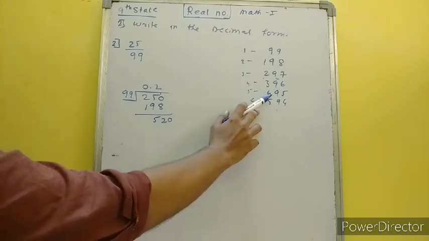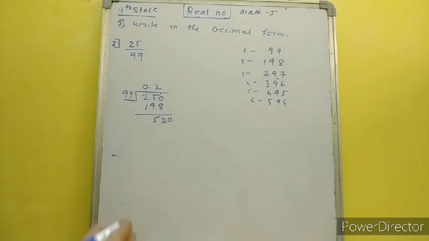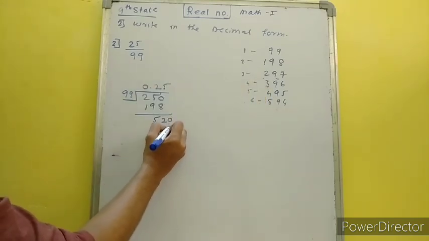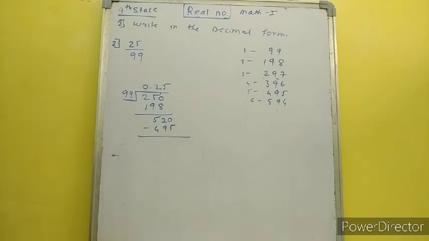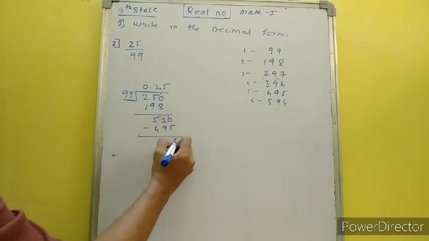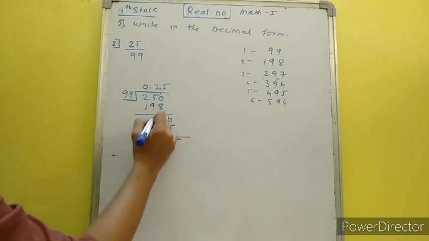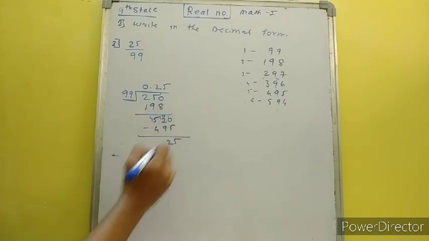You will take 99 5s are 495, whichever is smaller. 99 5s are 495. When I subtract it, I get 25.